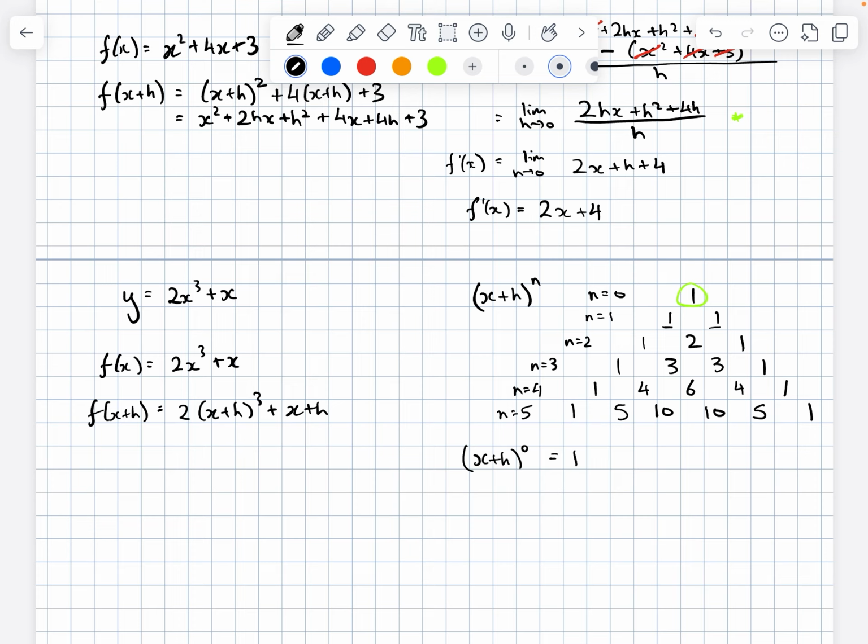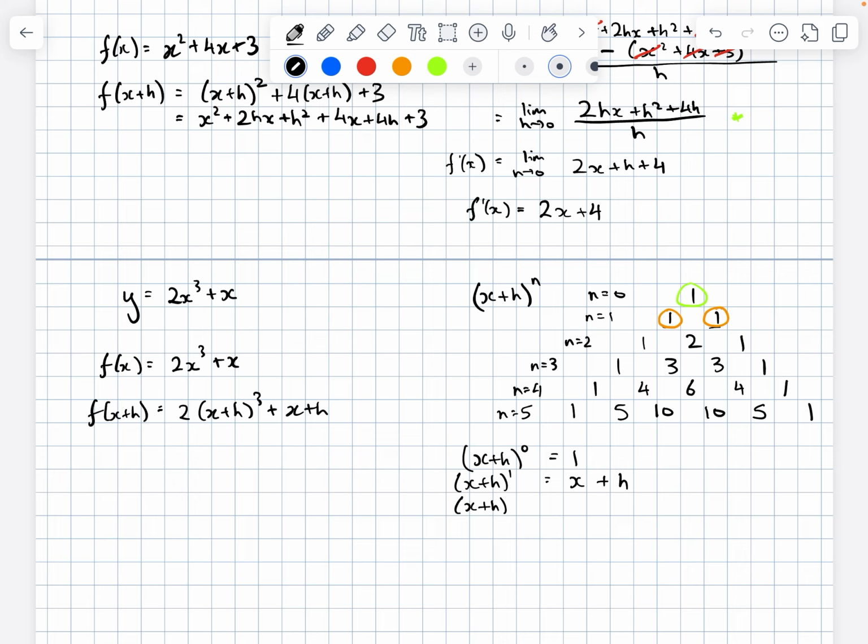When n is 1, I get x plus h to the power 1. I don't need to do any special rules there, that's just x plus h, which is like 1 times x and 1 times h.